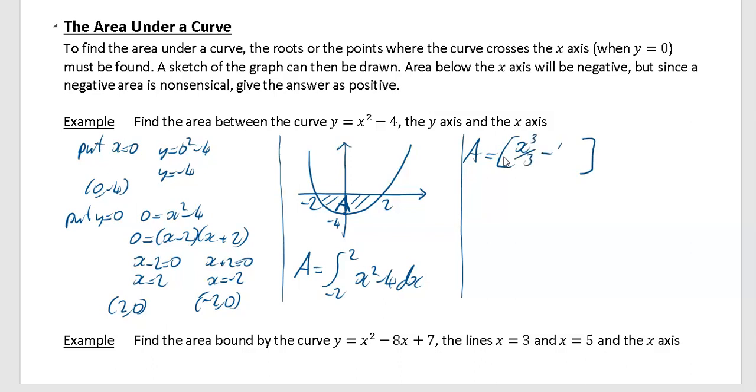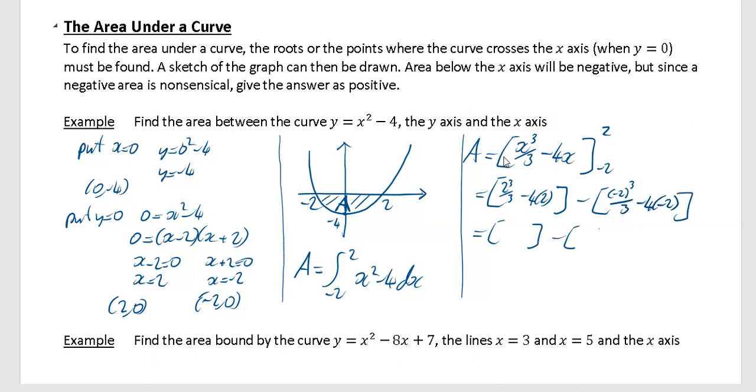The minus 4 integrated would give you minus 4x, and you put your limits on the right hand side, going from minus 2 to 2. In the first square bracket, you put in your upper limit, which was 2, so 2 cubed over 3 minus 4 times 2. In your second square bracket, you put your lower limit, which was minus 2, so minus 2 cubed over 3 minus 4 times minus 2. And then sort out those square brackets.